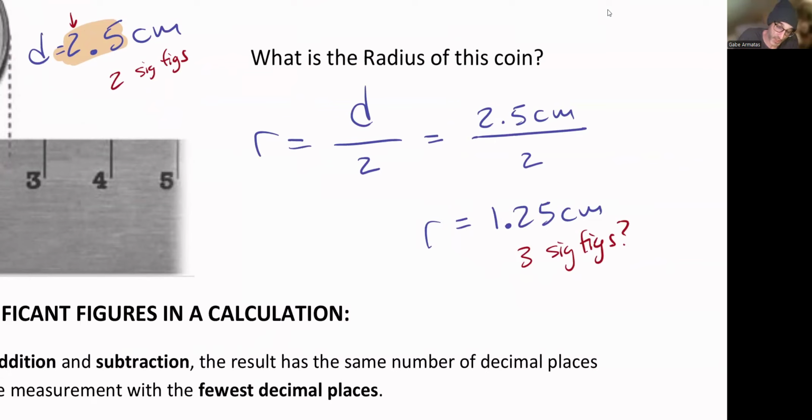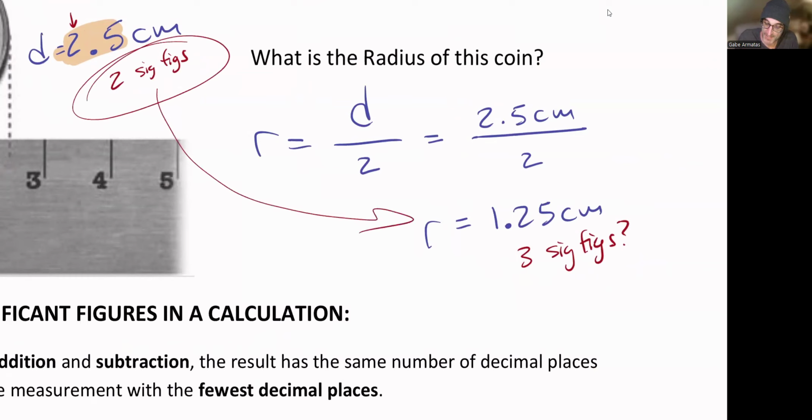So if I start with 2 sig figs, I have to end with 2 sig figs. Okay. So what that means is I am going to underline the second sig fig, and this is important when we're rounding. So how do we round that?